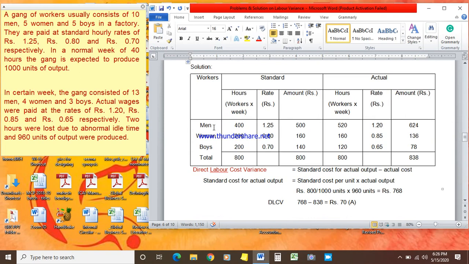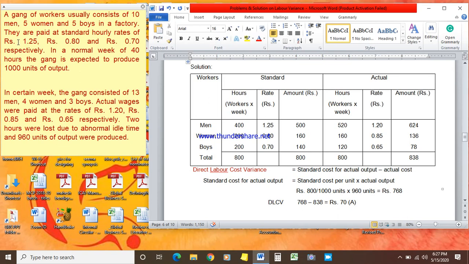What we observe here is we have 3 categories of workers: men, women and boys. They have been paid on hours. In a normal week of 40 hours, the gang is expected to produce 1000 units.